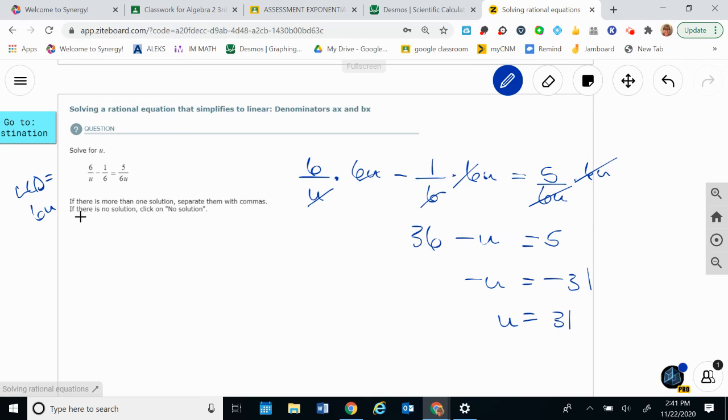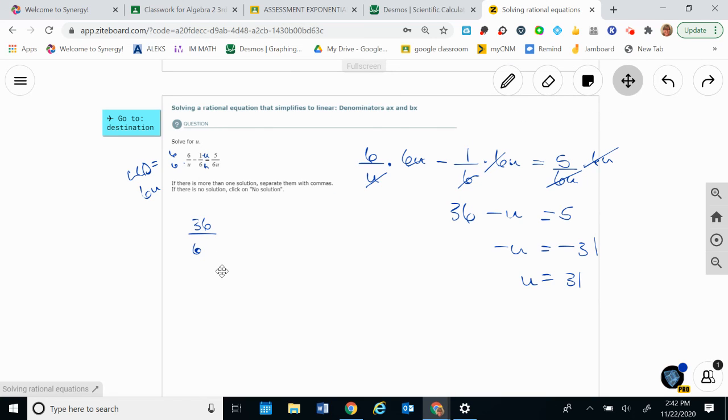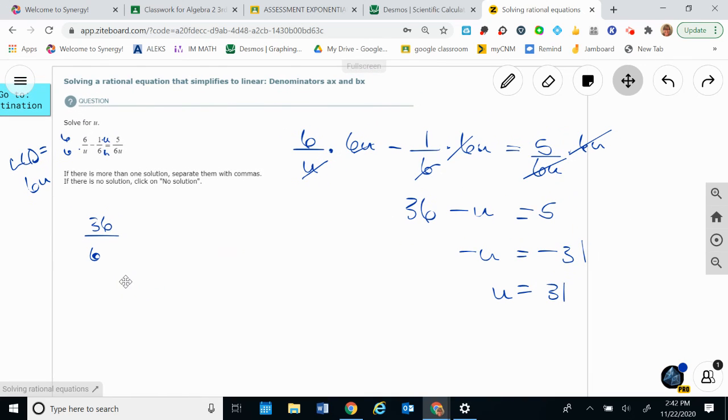Now, I did show you the other method, which is to put everything over a common denominator. So check it out. I could have multiplied this by 6 and this one by 6, this one by u, this one by u. I get 36 over 6u, minus u over 6u equals 5 over 6u.